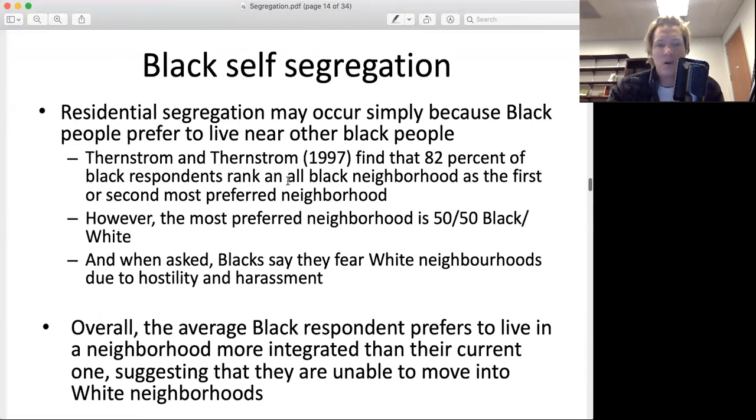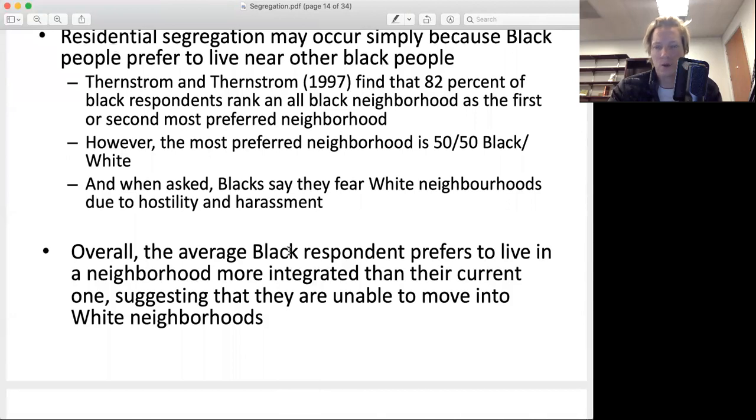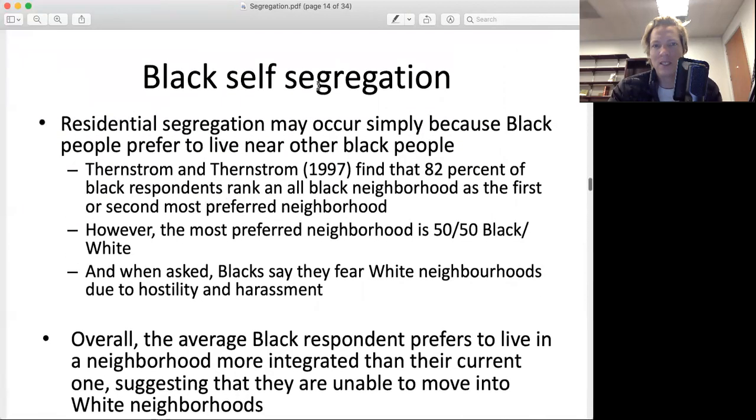And so looking at research, most Black people prefer a neighborhood that's 50-50 Black, white. And the average Black respondent prefers to live in a neighborhood that's more integrated than their current one. So what this would suggest is this is not a good explanation, because according to survey data, Blacks would prefer to live in more integrated neighborhoods than they do on average.